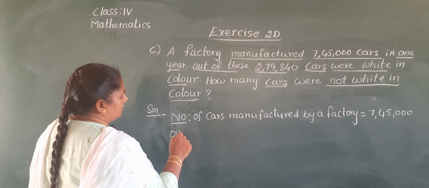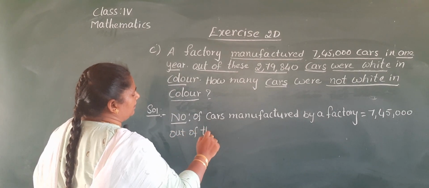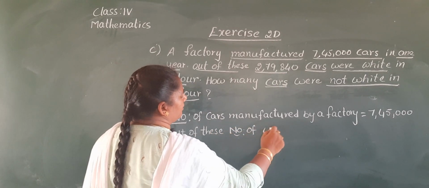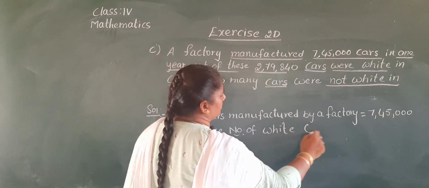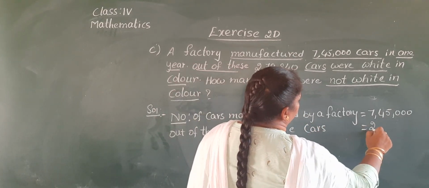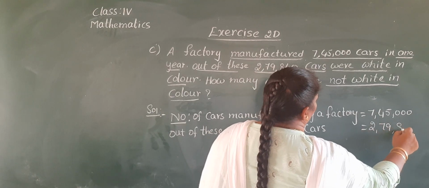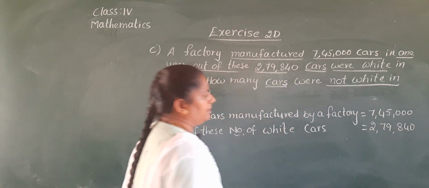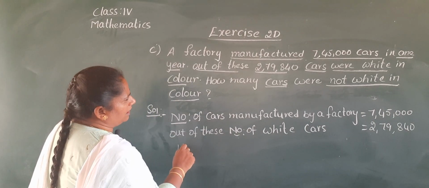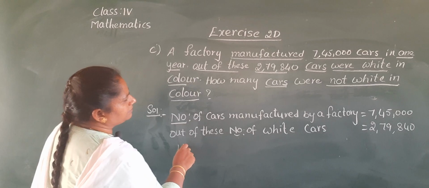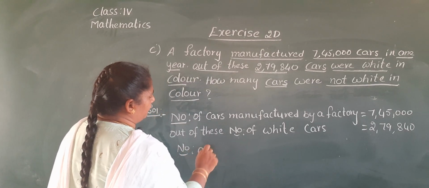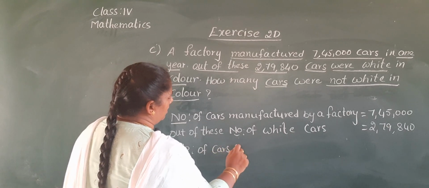Out of these, number of white cars. How many white cars? 2,79,840. Okay, now we have to find number of cars not white in color.